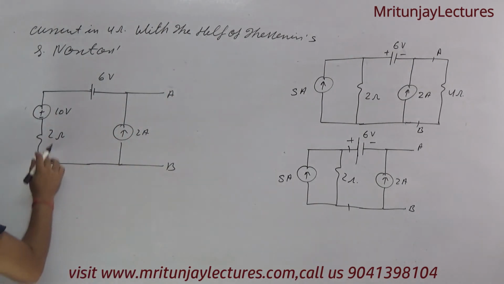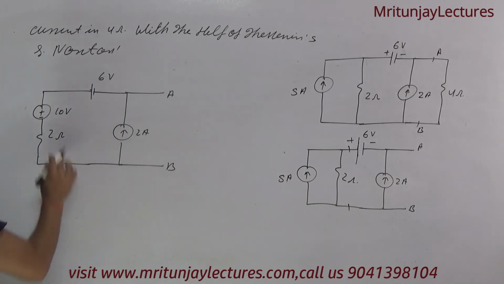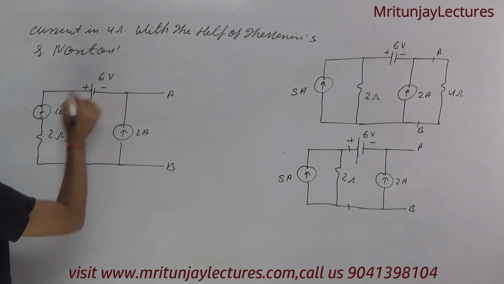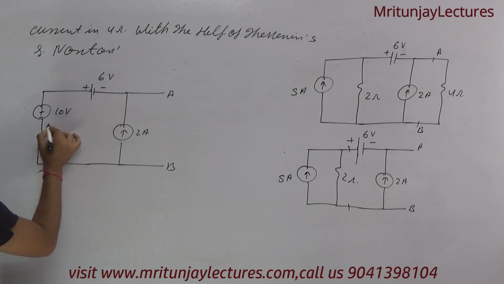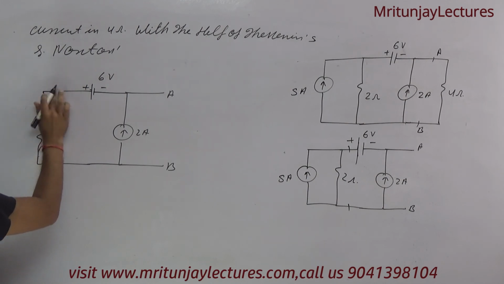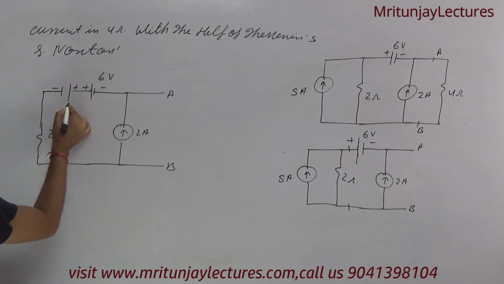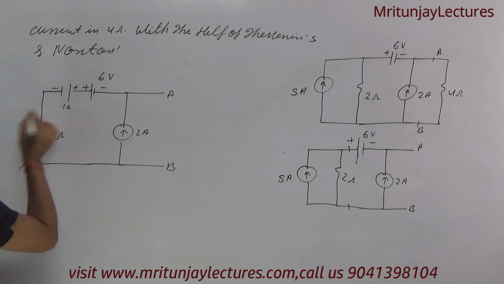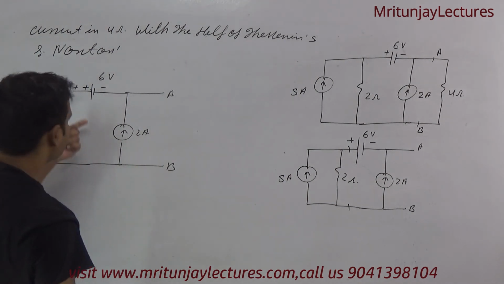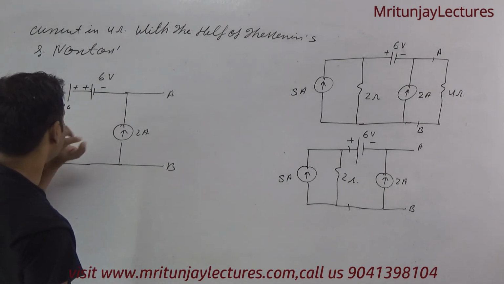Now the 2 ohm by this one and this one, polarity plus minus. If any doubt, then make this plus and here minus, that is 5 into 2, 10 volt. Minus plus and plus minus.